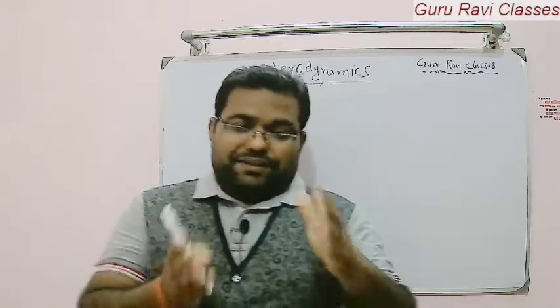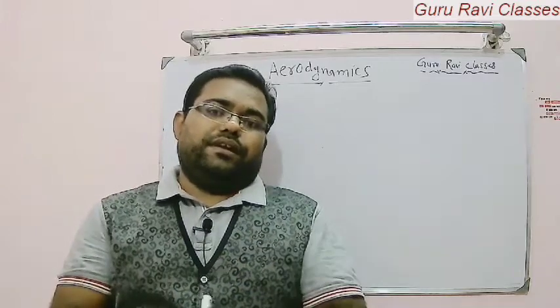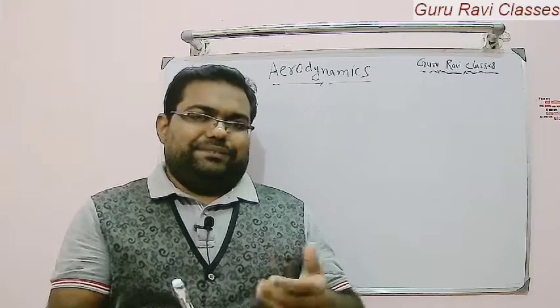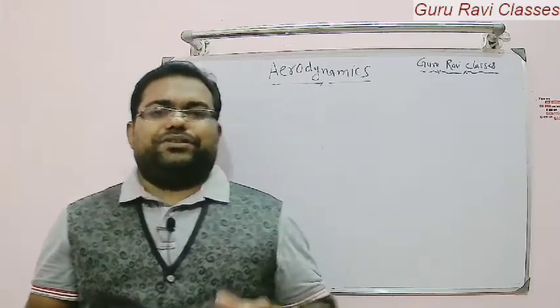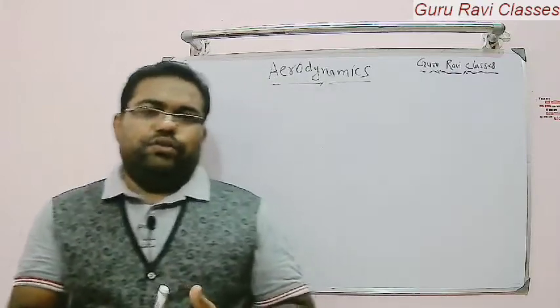So by studying some portion of molecules, we cannot exactly say this is the overall behavior of the flow. So we usually avoid that kind of study because it is very tedious. Then another approach came, that is Eulerian.